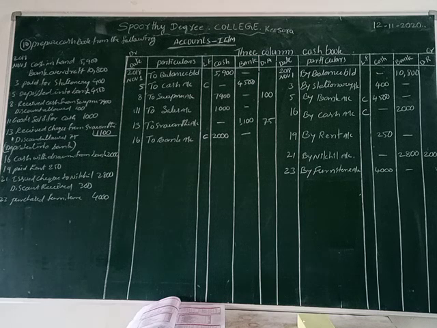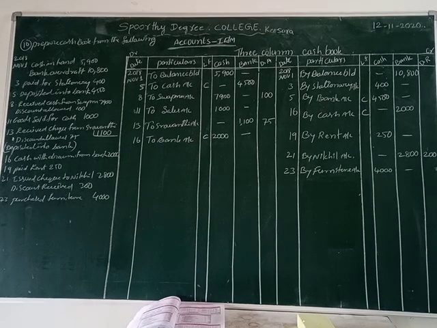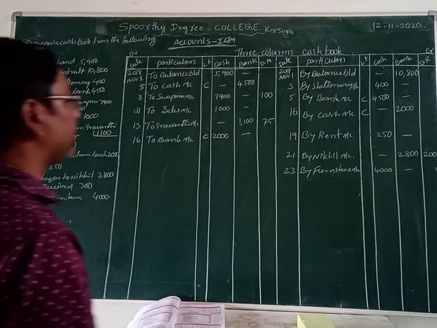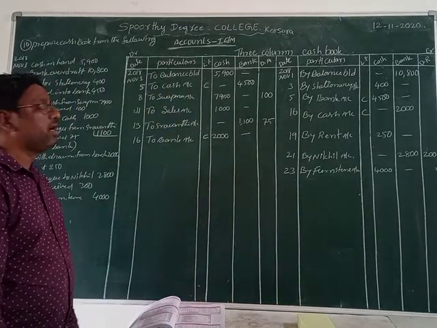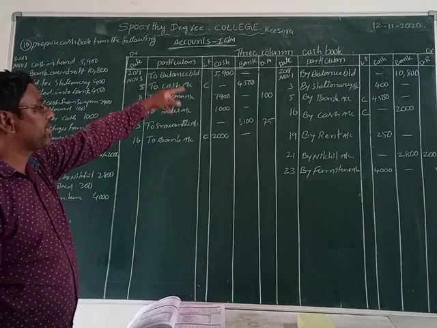Now here the debit side has an opening balance and the credit side also has an opening balance. Now how do we do that? First of all we do the cash account, then after we do the bank account. Cash account has a heavy balance on the debit side, so we total the cash account.